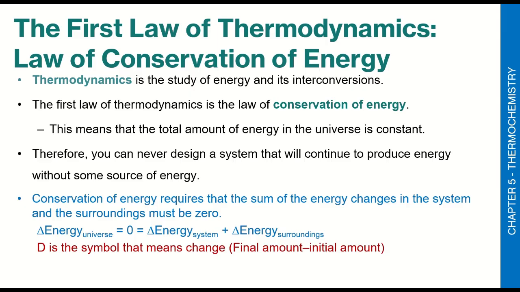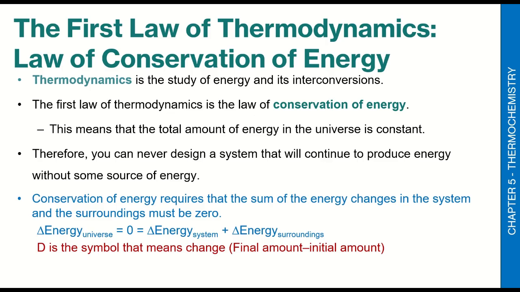Okay, so that is conserved. We can change form, like heat energy that evolves when a chemical reaction happens. It can come from broken bonds, but will be converted into another type of energy. Okay, so the total amount of energy in the universe is constant. So we don't produce more than we have. So it's a conservation of energy.